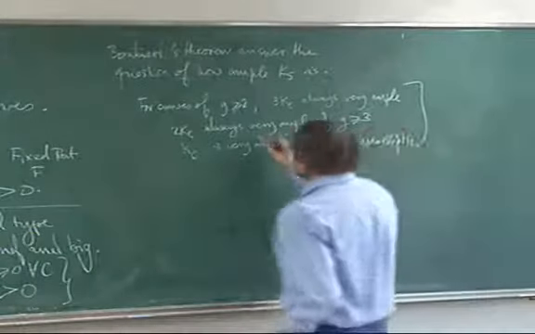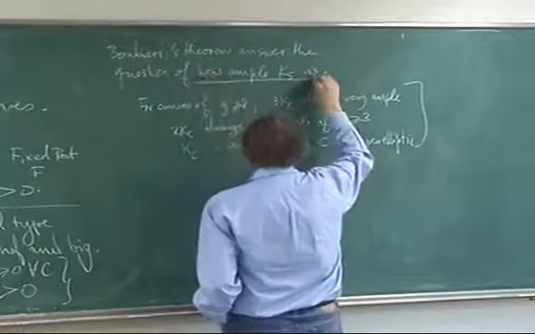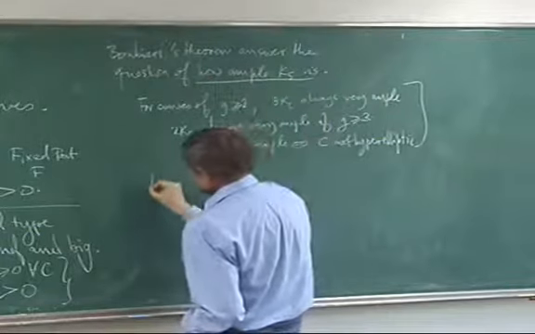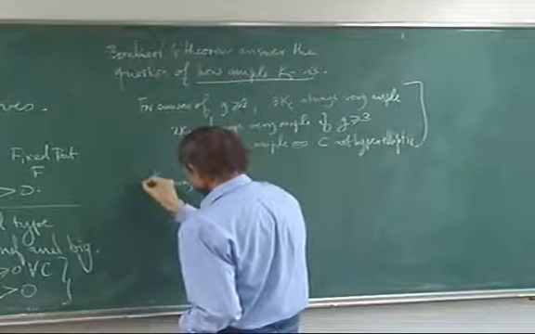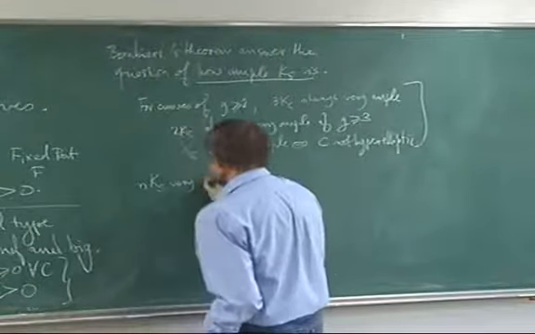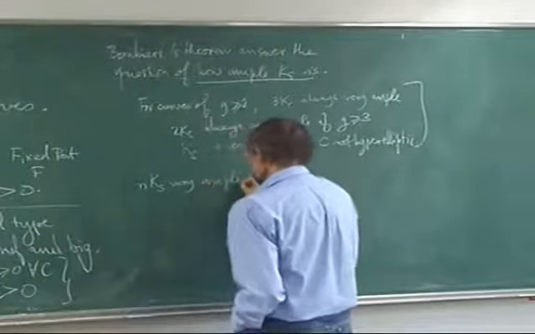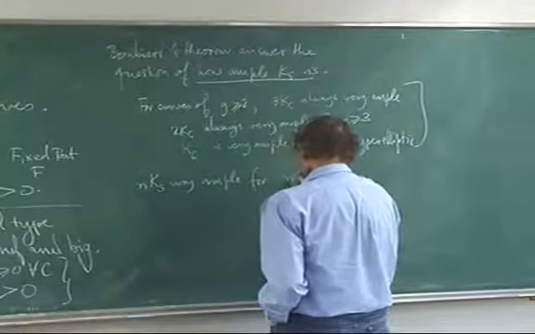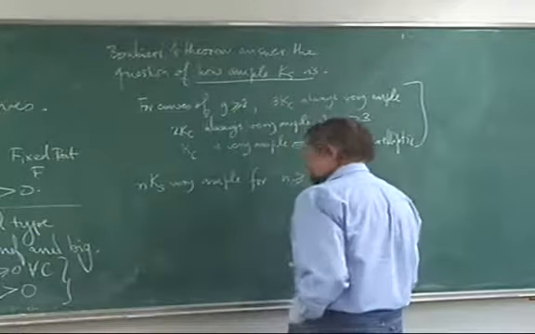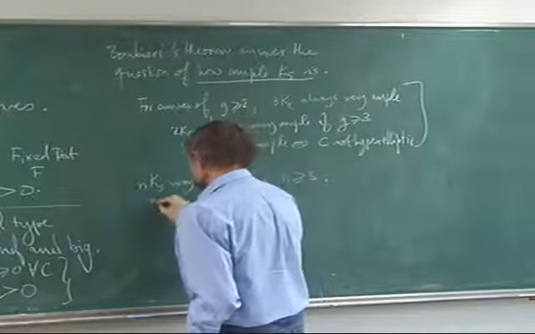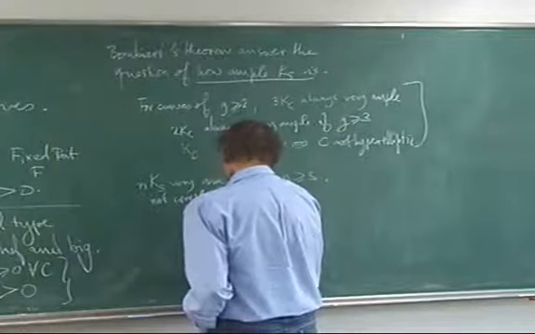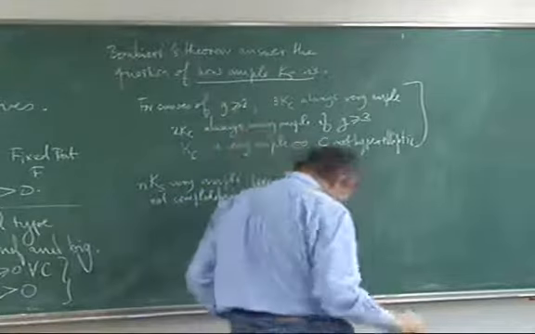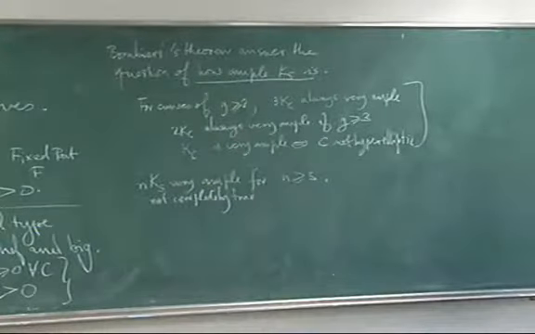So how ample is Ks? What I'd like to say is that nKs is very ample for n greater than or equal to 5. Okay, it's not completely true, and the reason is these -2 curves.